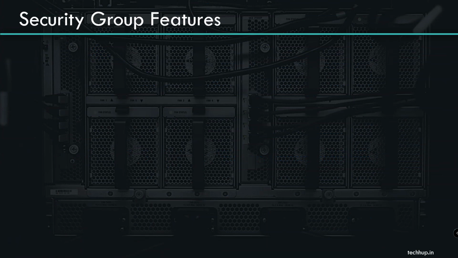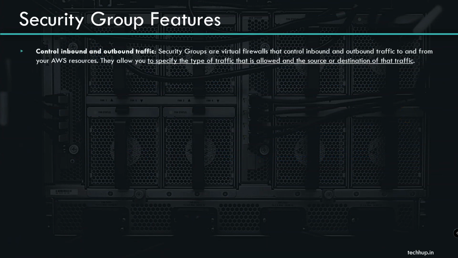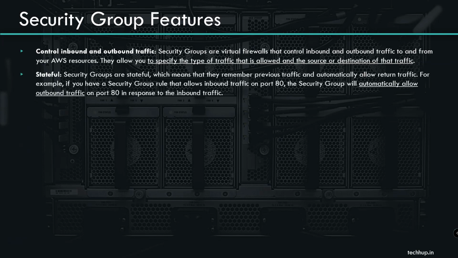Now let's have a quick look at the security group features. So first and foremost, it controls the inbound and outbound traffic for the associated EC2 instances. So you can specify the type of traffic that is allowed and the source or the destination of that particular traffic. It is stateful in nature, and what it means is that if we are allowing an inbound traffic, or we are defining an inbound rule, the corresponding outbound traffic is also automatically allowed.